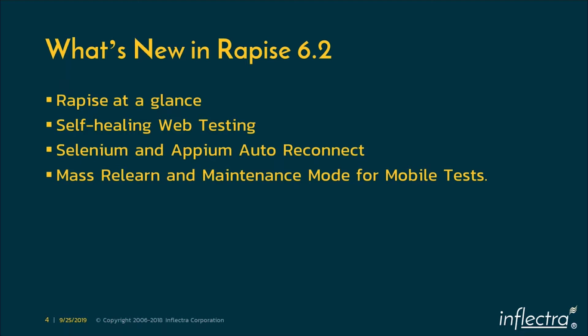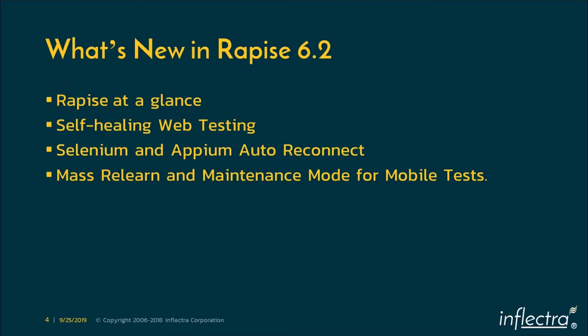So we will quickly go through major features of Rapise. It's just a reminder of what Rapise has. And then we will focus on three new things that are worth mentioning. First is self-healing or auto-recovery. Next is auto reconnection, and last one is massive relearn.